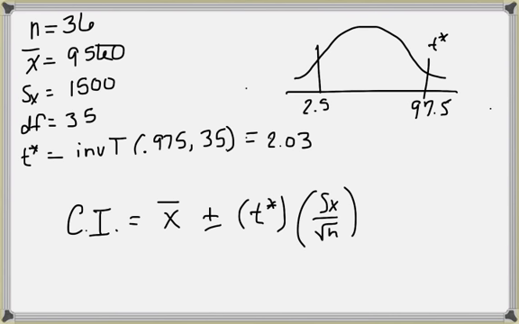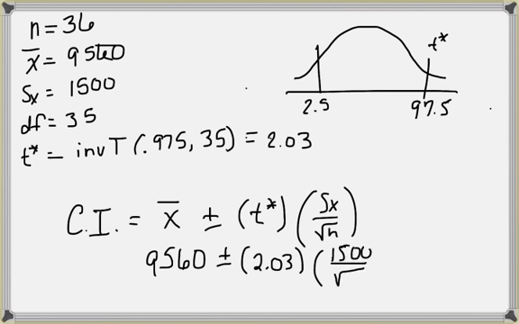So when we plug this information in, we're going to have 9,560 plus or minus 2.03 times 1,500 divided by square root of 36.